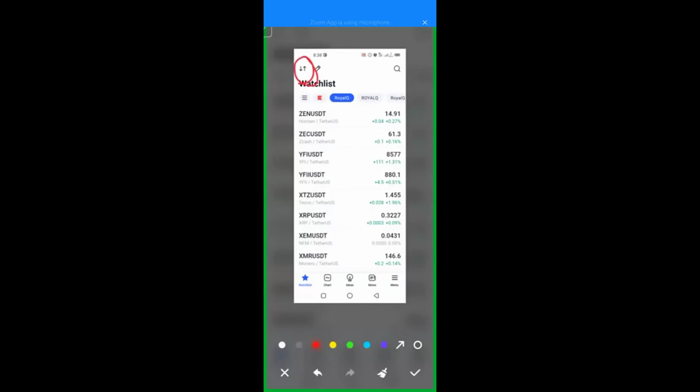But if you are having an iPhone, on your top right you'll have 3 dots in this area here. If you are having an Android, you'll have 2 arrows on the left.